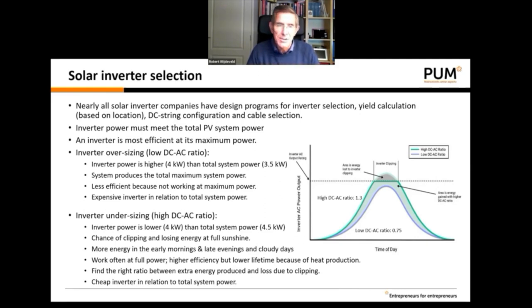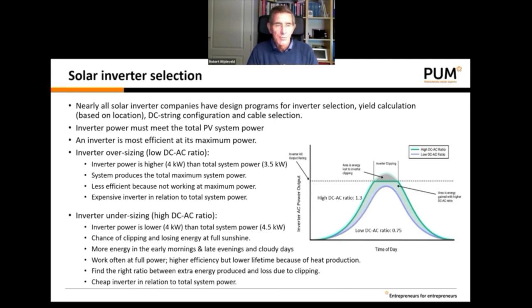But it is less efficient because it doesn't work at its maximum power. And it is a relatively expensive inverter, because you have an inverter power which is higher than the system. So you actually have a more powerful inverter, which is not necessary for the total system power.